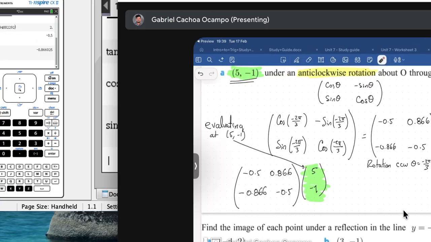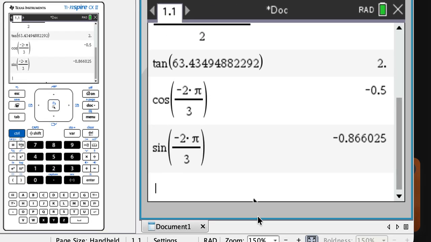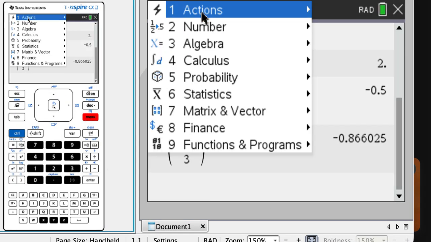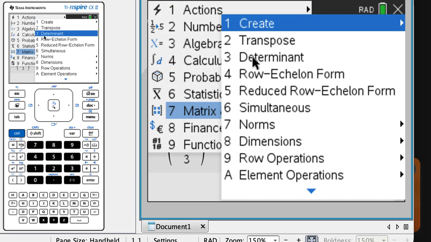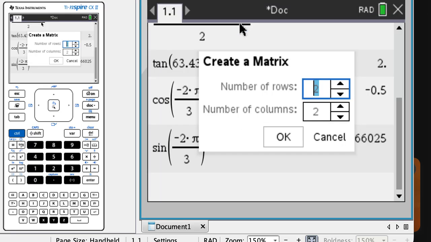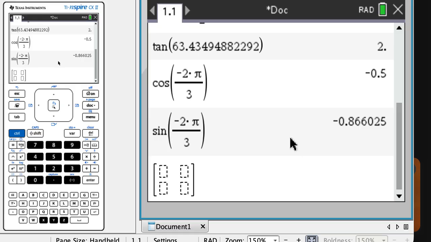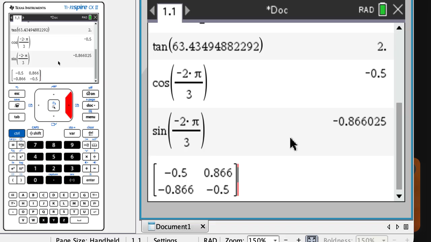Okay, so this is an operation that we can do here in our calculators. How do we do it? I go to menu, I go to matrix, I create a 2 by 2 matrix, which would be negative 0.5, 0.866, negative 0.866, negative 0.5, and I multiply by a matrix.